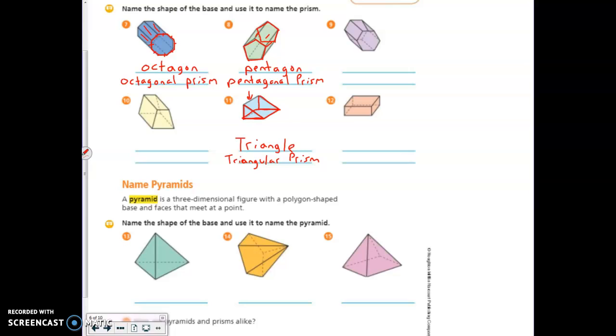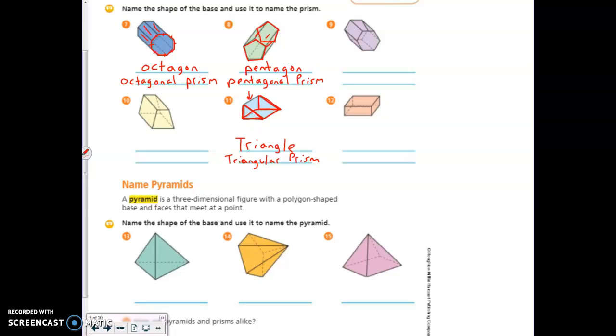Okay? So realize that even though we're looking at this shape and it looks like that is sitting on a rectangle, this triangle here is actually a base, and its opposite or its top would be another triangle, which makes that a triangular prism. I know it's kind of confusing, and hopefully the longer we get into this, guys, the more this will make sense.